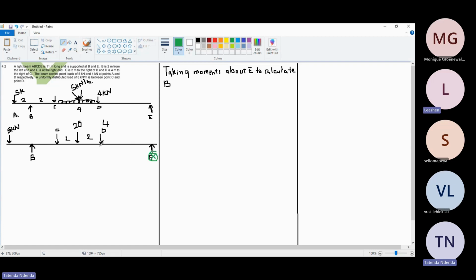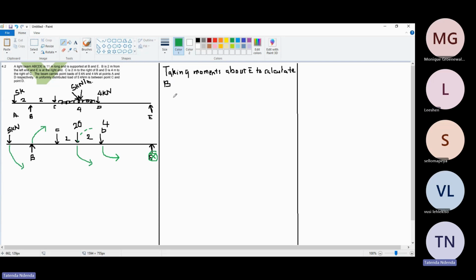So everything is supposed to come to that fulcrum. There's no way the 20 is going to go up like this to come to the fulcrum. It has to slide like this. Then also this is going to move to the fulcrum, like this, and this is going to move to the fulcrum like this.